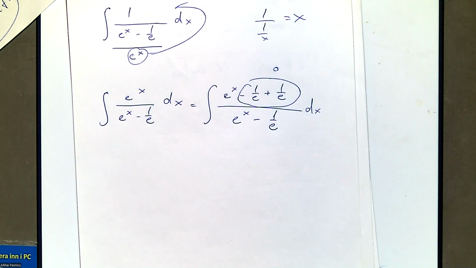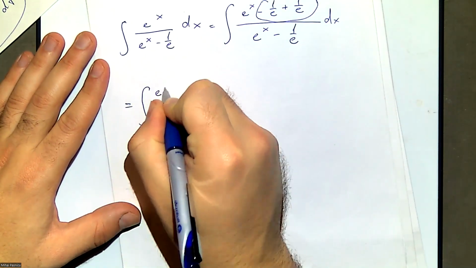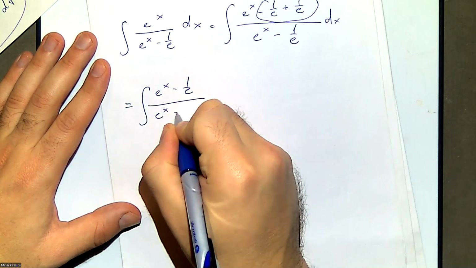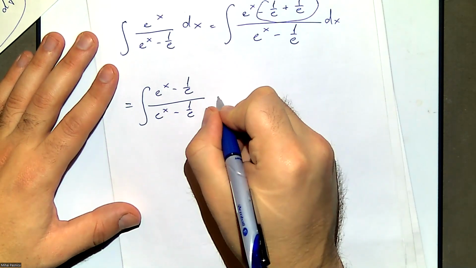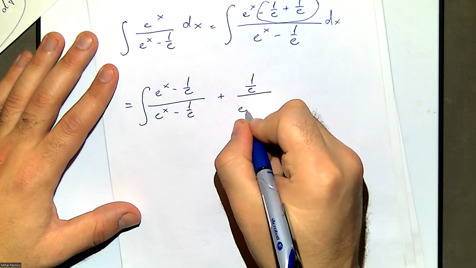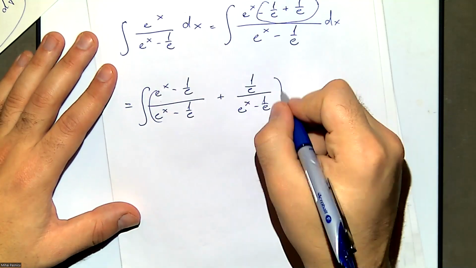So basically, it's the same equation. But now, why did I write it like this? Because I'm thinking of splitting it. I'll split it into e to the x minus 1 over e over e to the x minus 1 over e, plus 1 over e over e to the x minus 1 over e, everything dx.